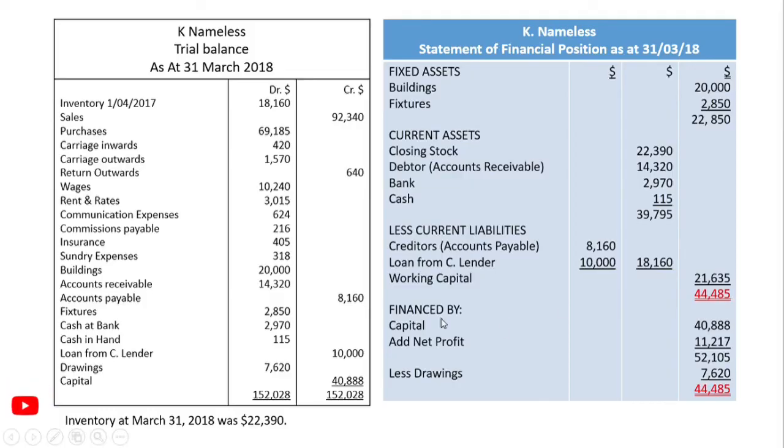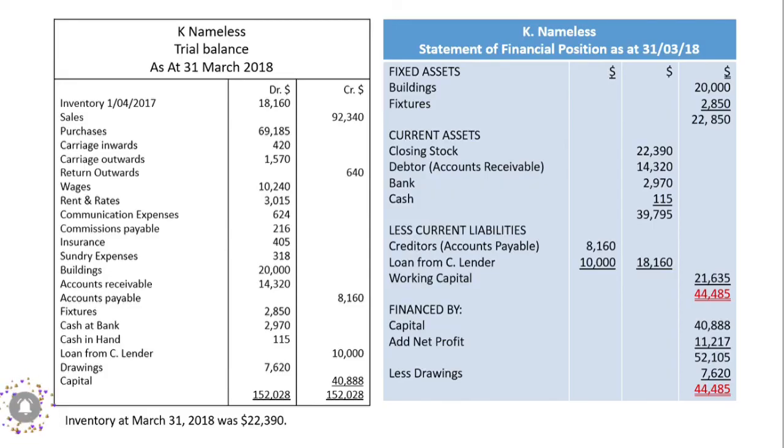Then we move on to the last heading, which is financed by, and we have capital, 40,888. Then we add the net profit, which was 11,217. Remember, the net profit would not be in the trial balance; it would be in the income statement that I did in the last tutorial.